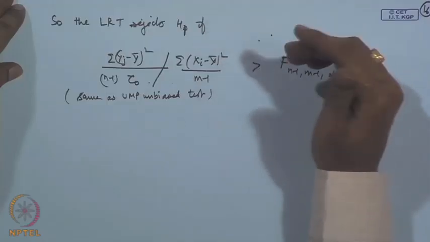So, the UMP unbiasedness theory does not work there, because we cannot write mu 1 equal to mu 2 etcetera in a form which can work as a multi-parameter exponential family. However, for these situations a likelihood ratio test can be derived. So, this is the problem of testing homogeneity of means in a one way analysis of variance model. So, in the next lecture I will be discussing that also.